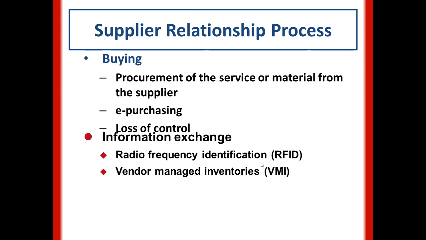Most companies nowadays choose to manage suppliers using some type of technology such as the RFID tag, which is a small barcode tag that uses radio wave frequency in order to track inventory between supplier and buyer. Vendor managed inventory is also another program that suppliers and buyers can use to connect with each other.